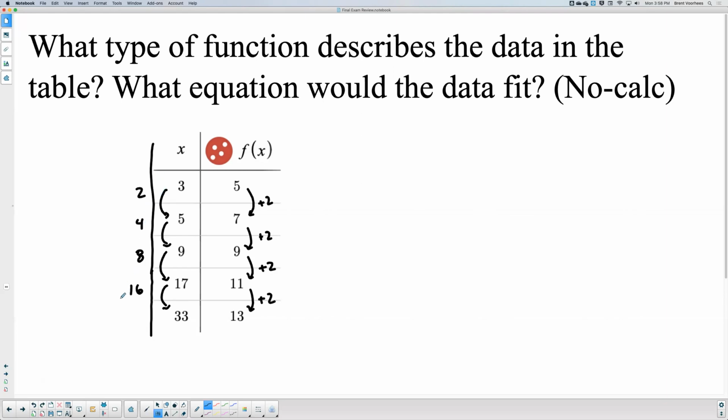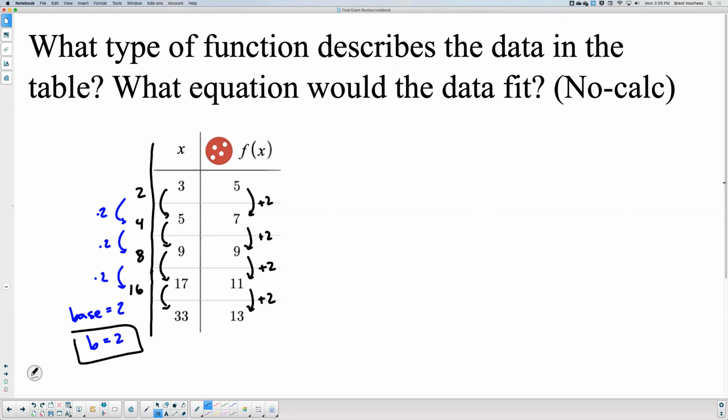Notice that's a base of 2. Everything's getting multiplied by 2. Therefore, the base equals 2. And for an equation, we're going to have a base of 2.